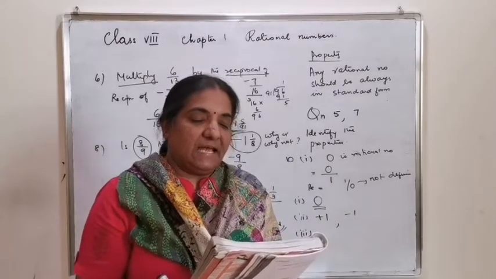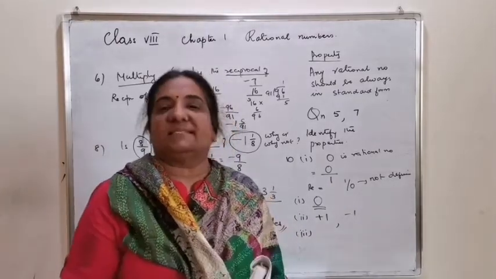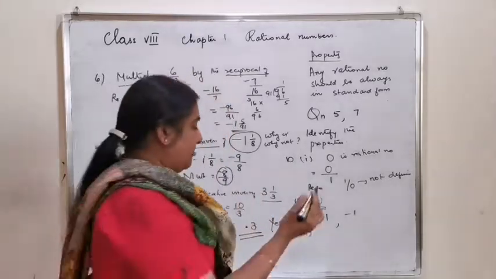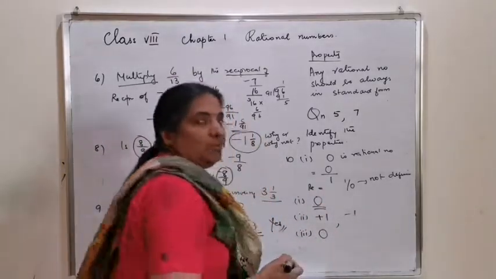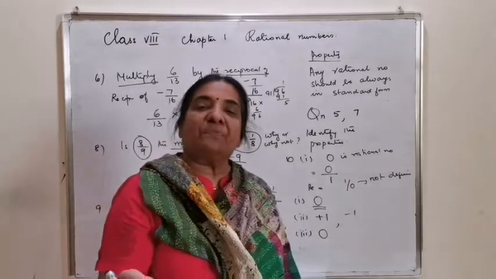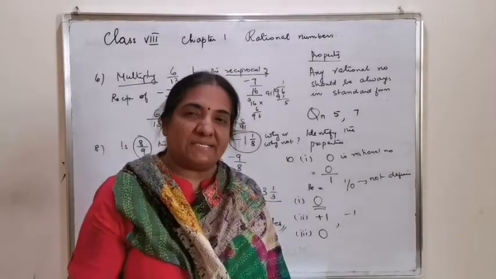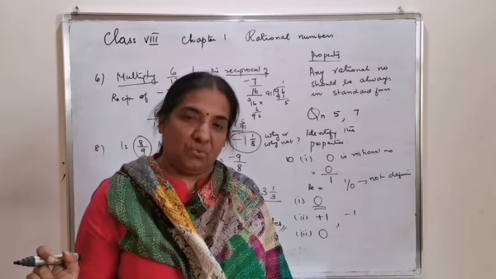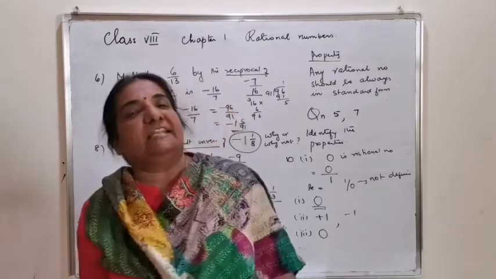The rational number that is equal to its negative. That means the rational number is 0. Negative of 0, there is no concept, but still no other number exists other than 0 which is equal to its negative.